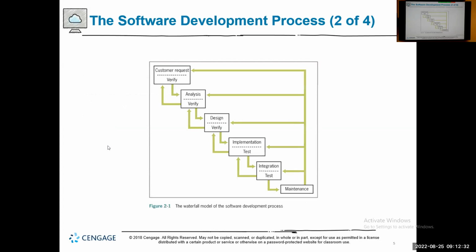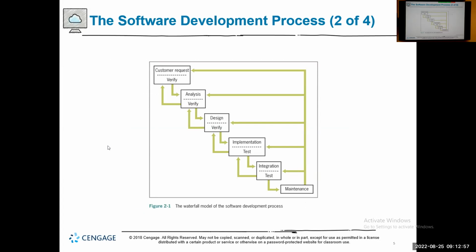Right? So here you see the waterfall model, the software development process. Even though they are working in layers here, at any time, at any step, you are able to go back to fix it. Right? Anytime. That's why they call it the cycle. Cycle means that if anytime something goes wrong, you have to go back to fix it here.